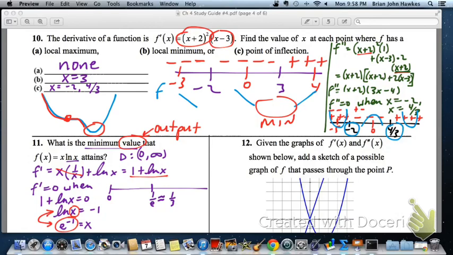So that being said, let's just make sure. I'm pretty confident that's where it's going to be. Let's pick 1 over 5, let's say. 1/5 times the ln of 1/5, that's negative, because ln of 1/5 is negative. You should know the shape of ln of x, and that any input between 0 and 1 gives a negative output.